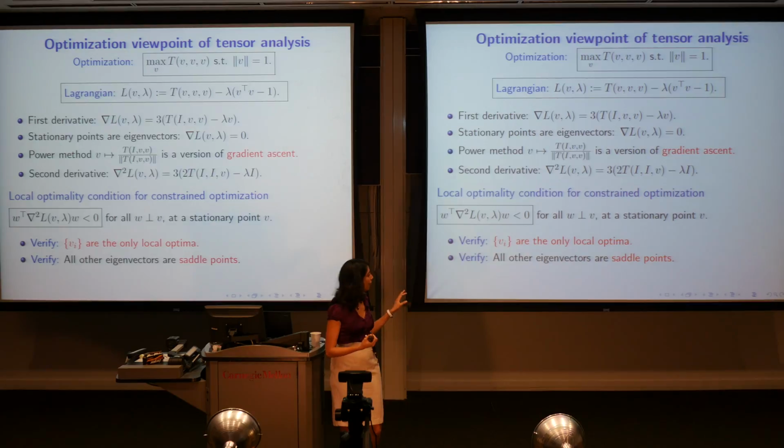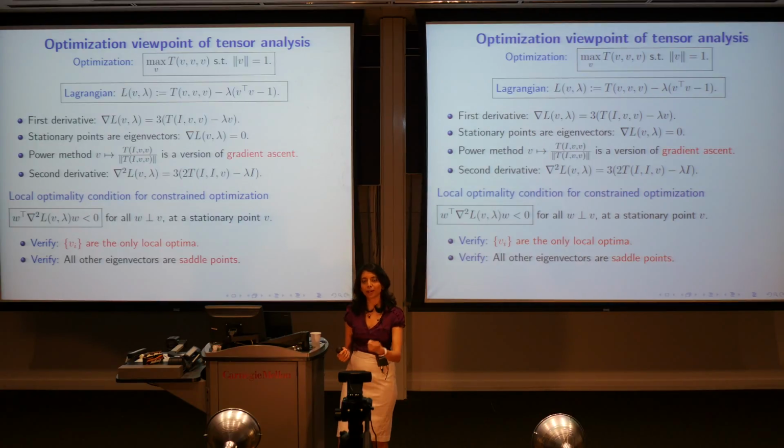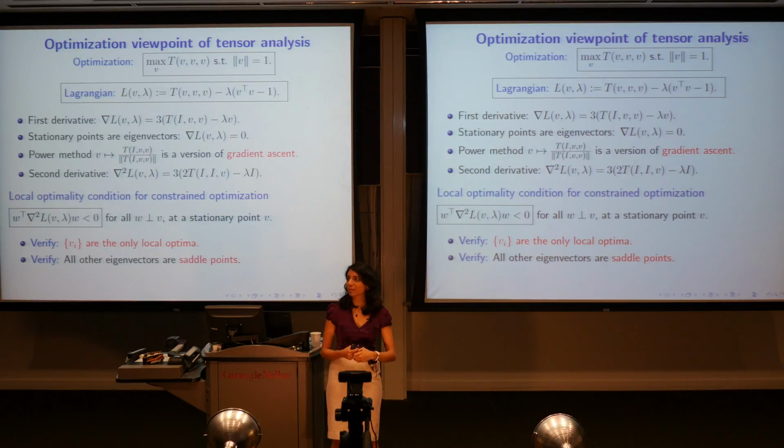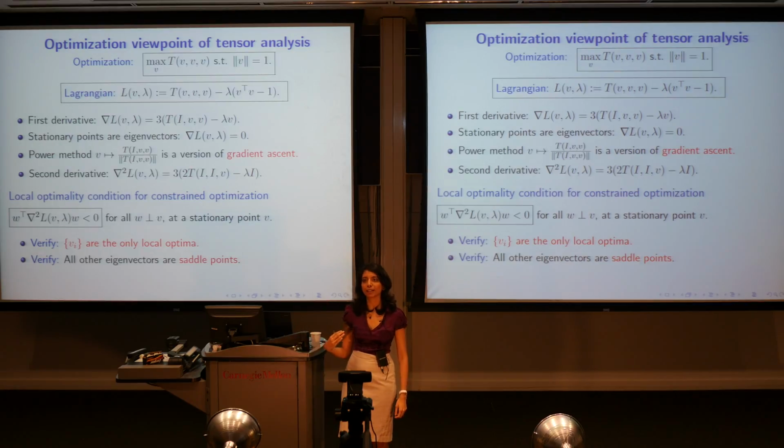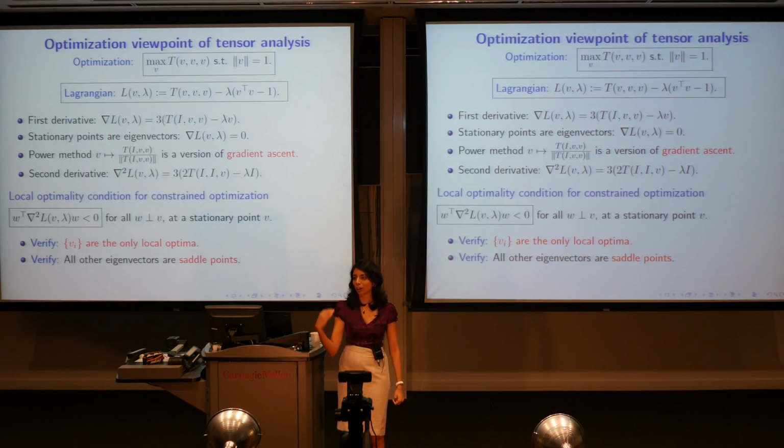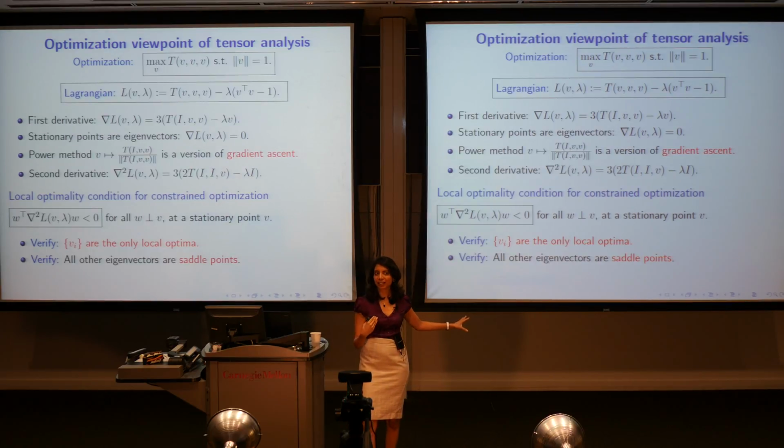That's why you can still provide guarantees for the tensor method, because the only local optimizers are the components of this decomposition that I have. It is more involved than matrices, because in the matrix case only the top eigenvector was the only local optimum. But now I have multiple local optima, but thankfully there is nothing spurious.